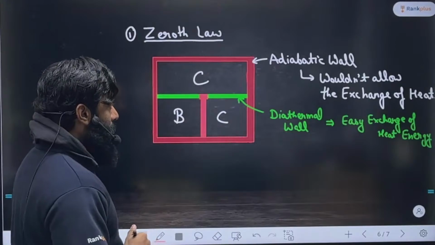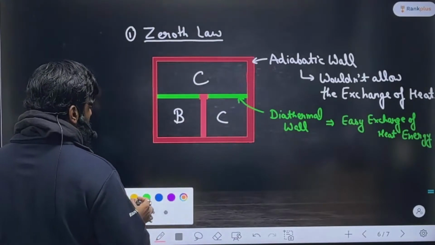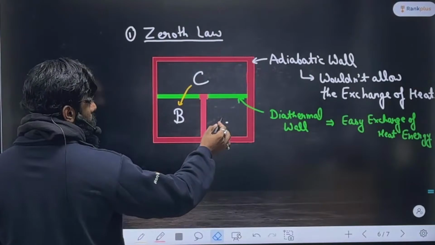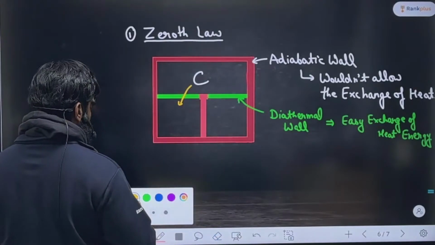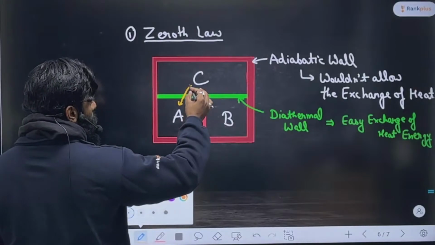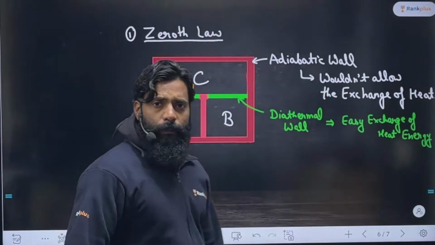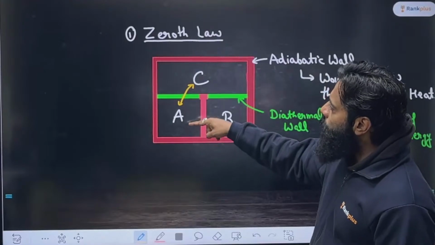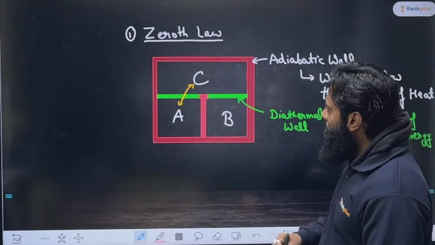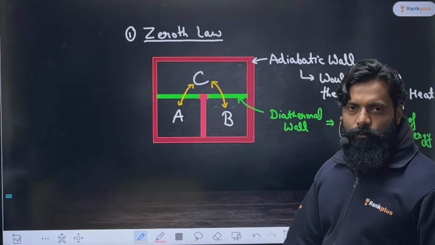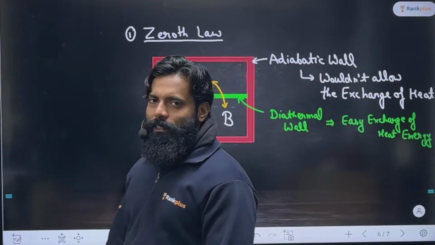So it states that after some time, what will happen? After some time, this A and C will be in thermal equilibrium. What does it mean? It means that the temperature at A will be equal to the temperature at C. Similarly, the temperature at C will be equal to the temperature at B. Let me tell you in a simpler way.